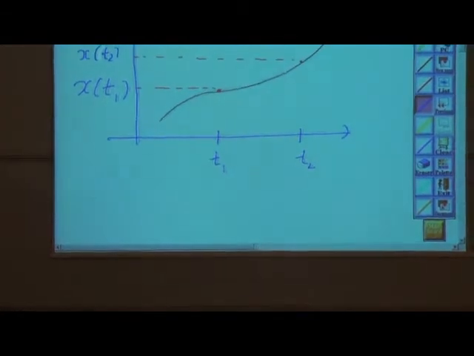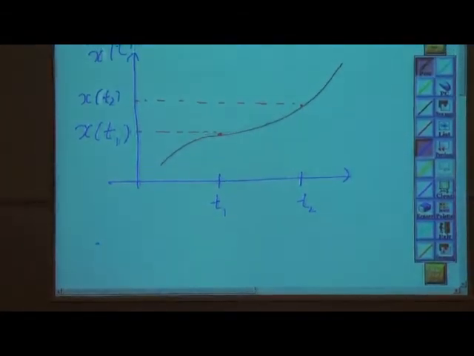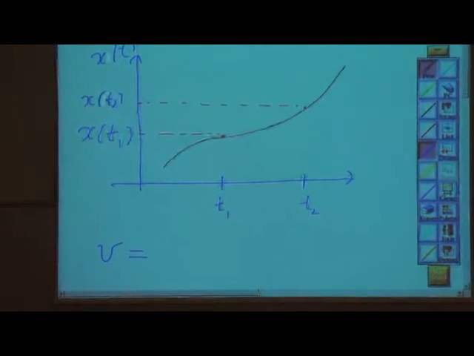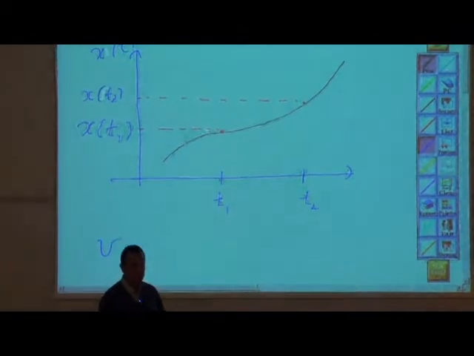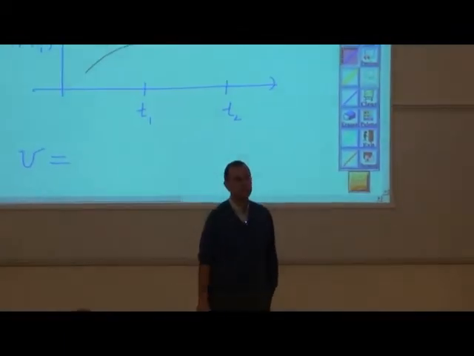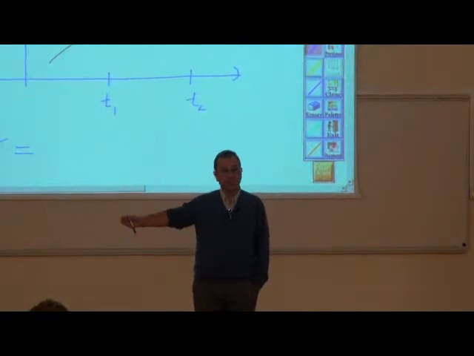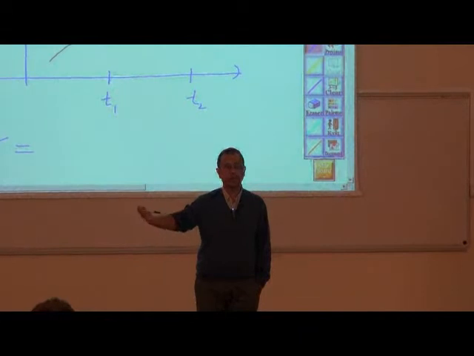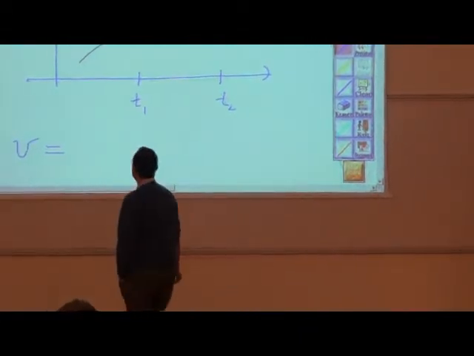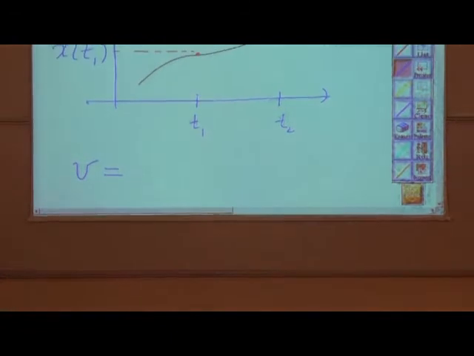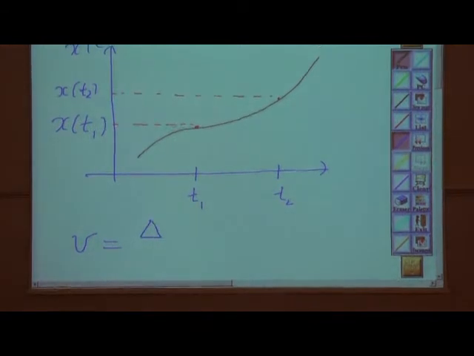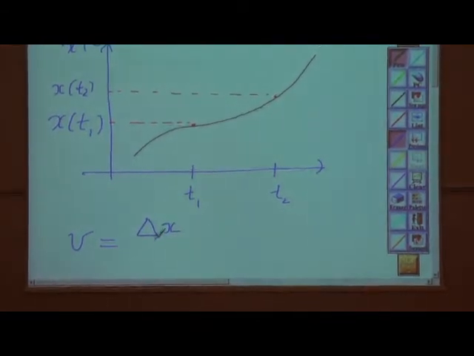Now what is the velocity of the particle? Velocity is the distance it has gone divided by how much time it took. Okay? So velocity is just, let me introduce some notation, delta x divided by delta t.